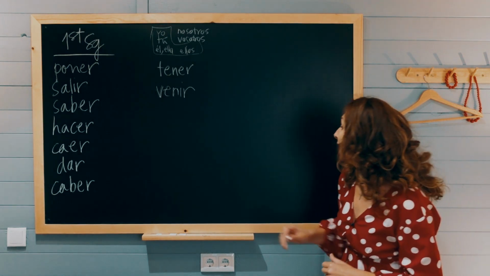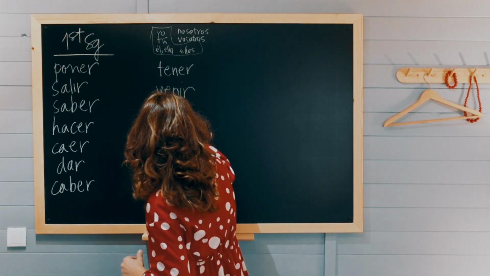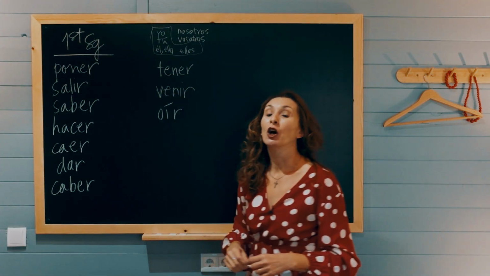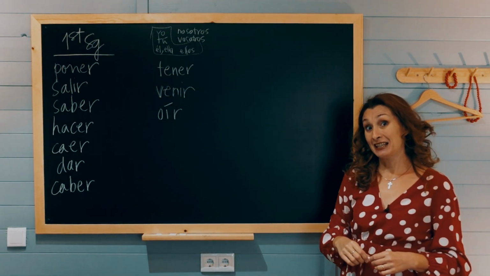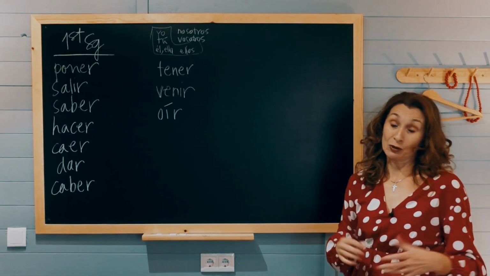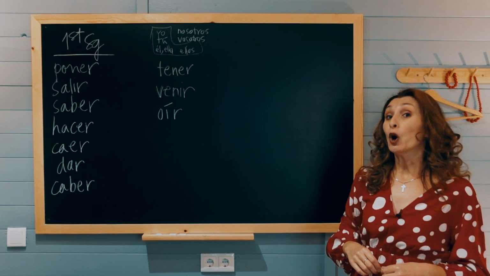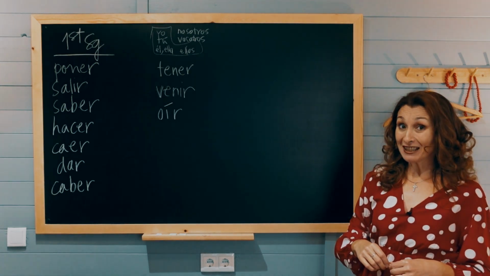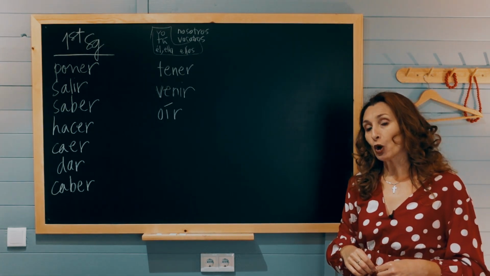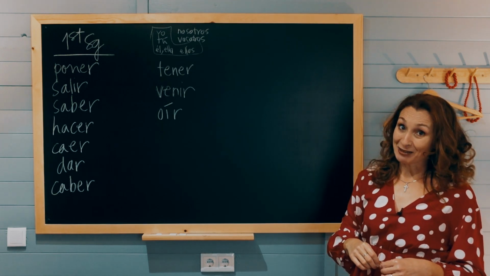Another one is oír. Oír is to hear something or someone, and it's oigo, oyes, oye, oímos, oís, oyen.